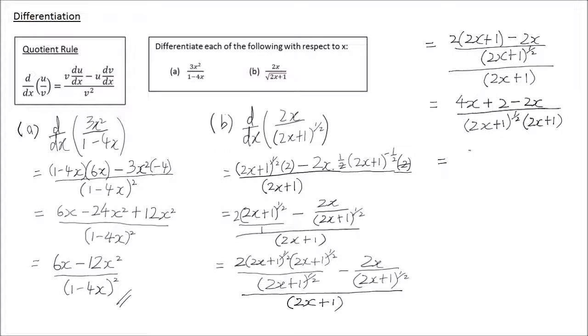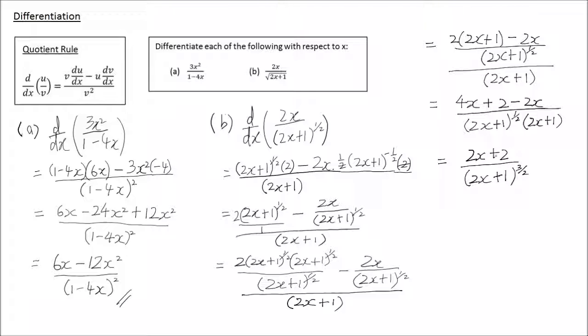That will leave us with 2x plus 2 over 2x plus 1 raised to the power of 3 over 2. So this is the final answer for this part B.